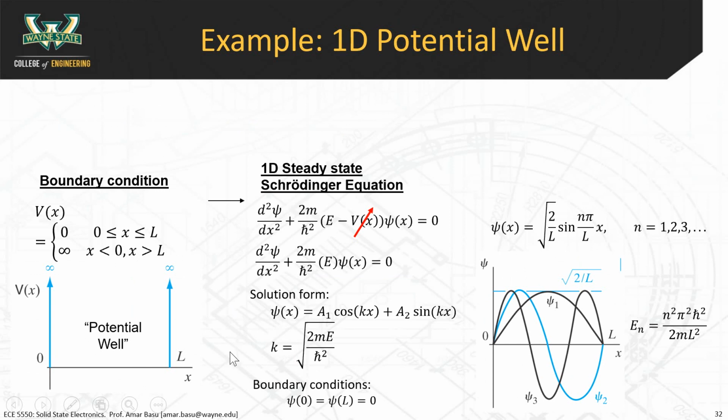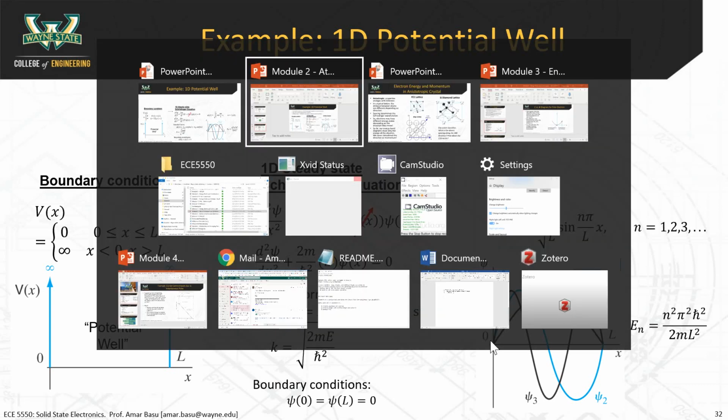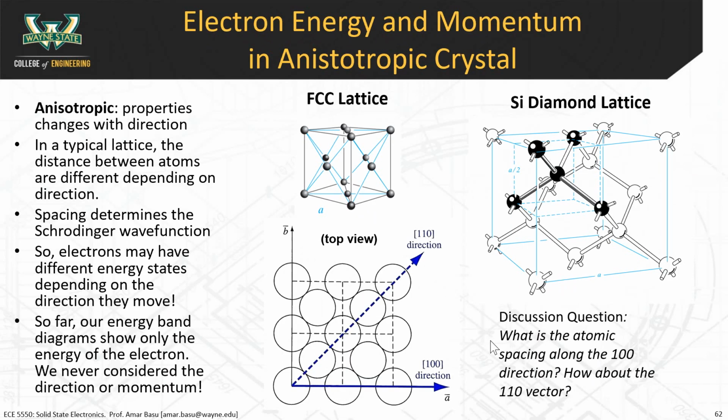So this example from the last module showed us that the distance, the periodicity, is really important in determining the wave functions, because wherever the potential goes to infinite, the probability of an electron there changes. So getting back to this, the periodicity is going to change the wave function of the electron.